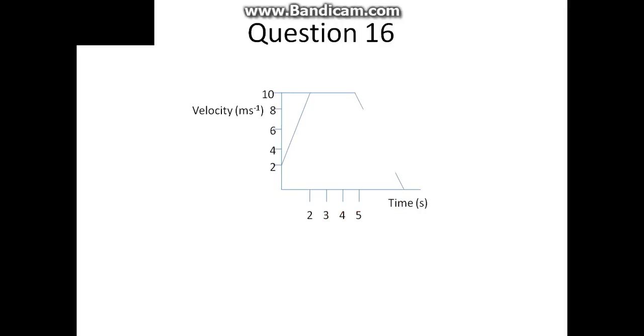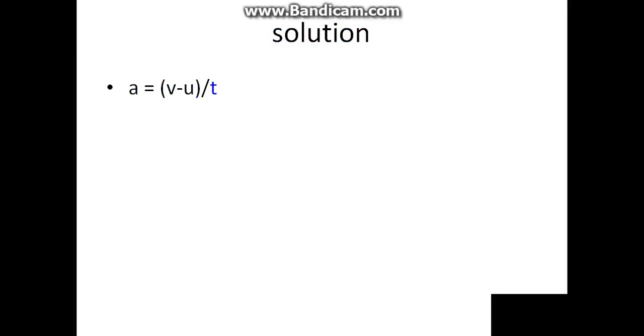Solution. a is equal to, in bracket, final velocity v minus initial velocity u, all over t. The slope, from the diagram, is equal to v minus u over t, which is equal to a.